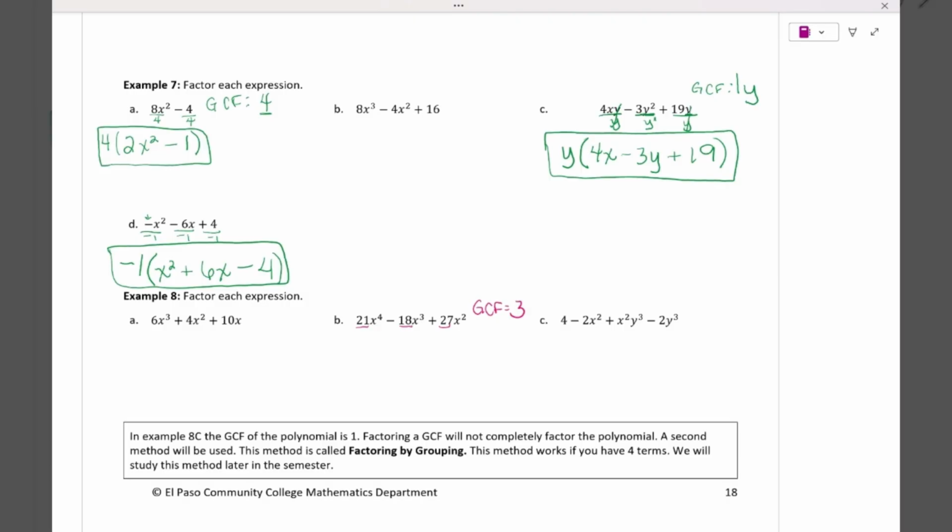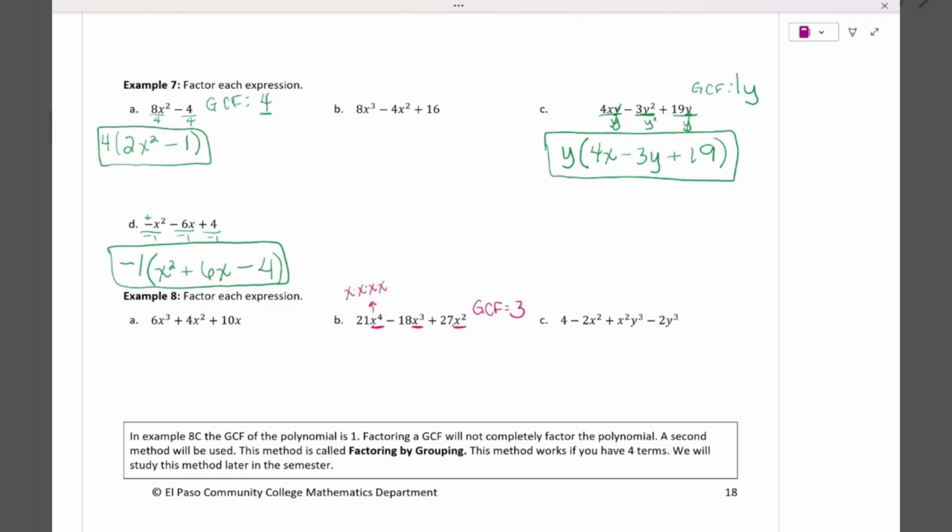But what about the variable parts? Okay, I have an x to the fourth, power of 4. I have an x to the third, x to the power of 3, and an x squared. So they are all the same variable. So I'm looking to see how many of that variable can I pull out of all of them. Okay, well, one way to think about it, I'm going to expand them. So x to the fourth is 4 x's being multiplied.